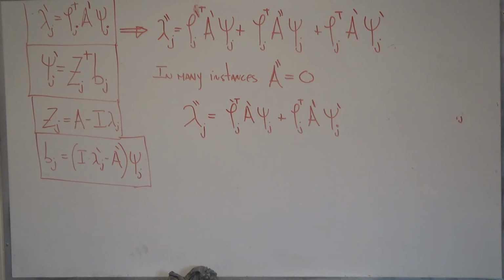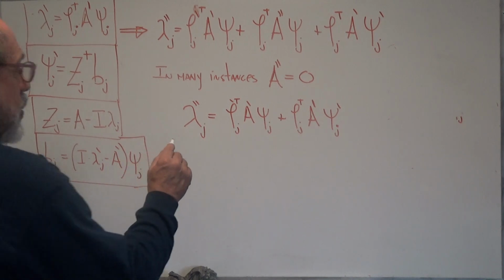Let me think. I just want to double check something here. Derivative. So phi j transpose prime times A prime.